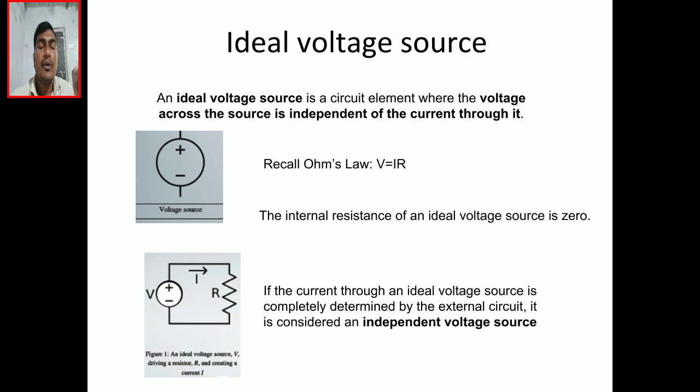A practical voltage source depends upon the current. If the load changes in a circuit, whether it increases or decreases, the voltage value supplied from the source also changes. That is called a practical voltage source. It is indicated as a voltage source in series with a resistor. We will indicate it like that.